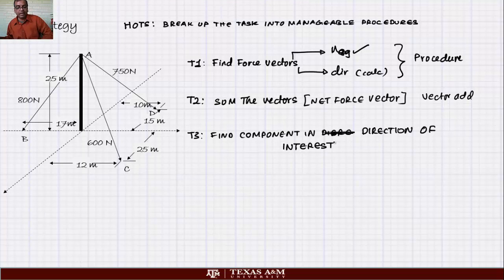In our case, the direction of interest is pointing down like that. That's the direction in which I am interested, so I have to find this out. Now, what do I need to know how to do? Whenever you see component, I'm going to say dot product of the direction of interest with the unit vector.